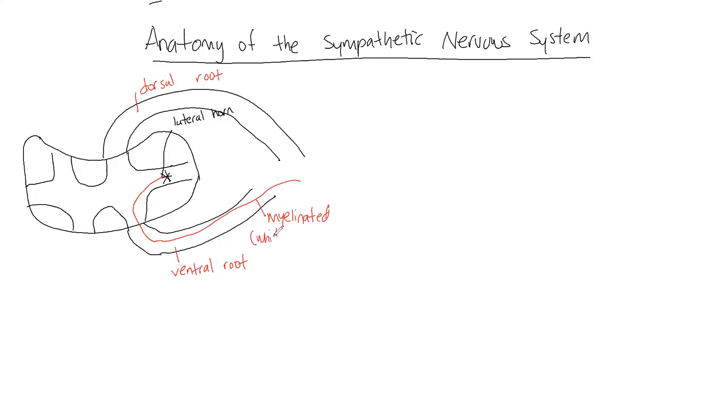We talked about the presence of myelin creating this white coat around fibers, and so we can call them white ramus if they are myelinated. And then they're going to emerge. Let's finish up this here. So these two fibers join together here.